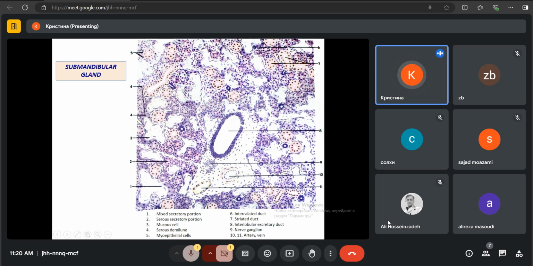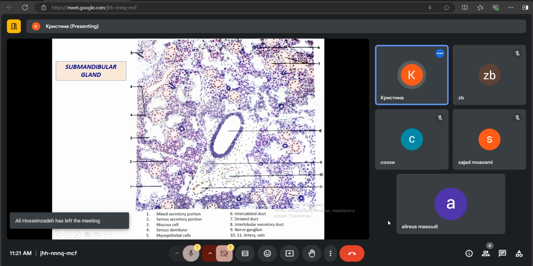Serous ones, they contain only basophilically stained serocytes and myoepithelial cells. And mixed secretory portions, they contain non-stained transparent mucocytes with flattened nuclei and basophilic serocytes and myoepithelial cells.